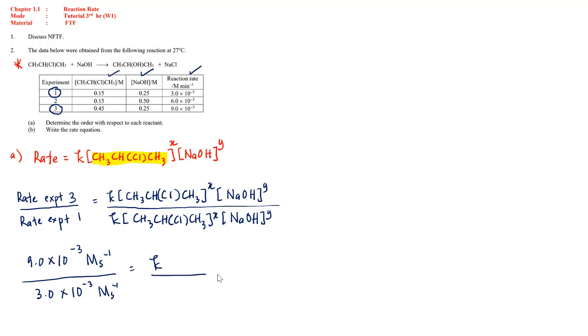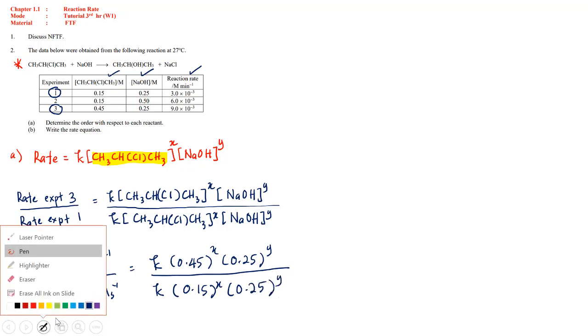K we don't know the value of, so it's okay, just write the symbol K. Concentration of 2-chloropropane for experiment 3 is 0.45 power of X times concentration of sodium hydroxide from experiment 3, 0.25 power of Y. And the same method for experiment 1: the concentration of 2-chloropropane is 0.15 power of X times concentration of sodium hydroxide 0.25 power of Y.